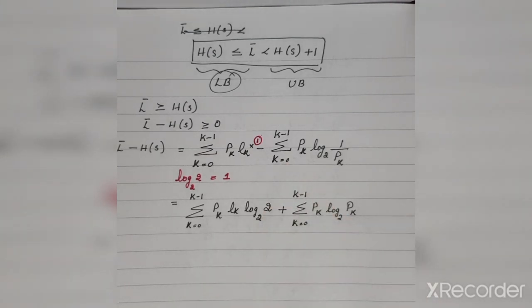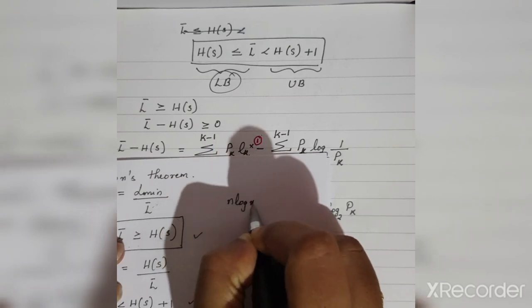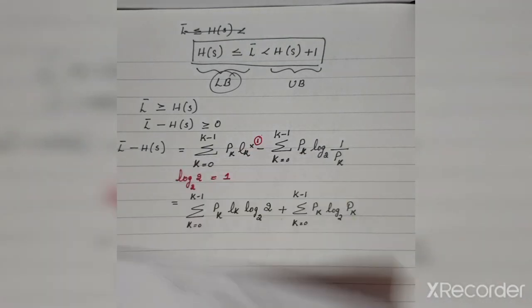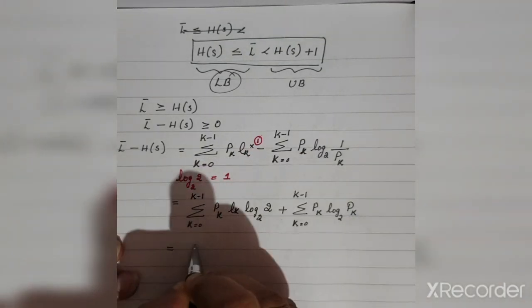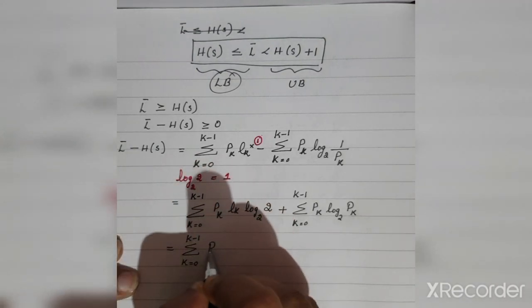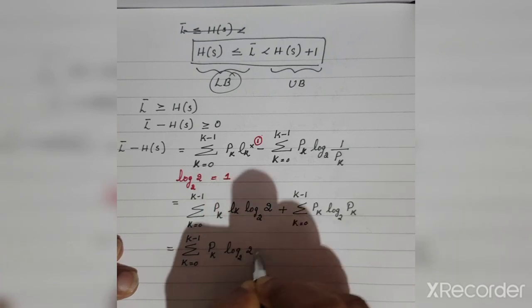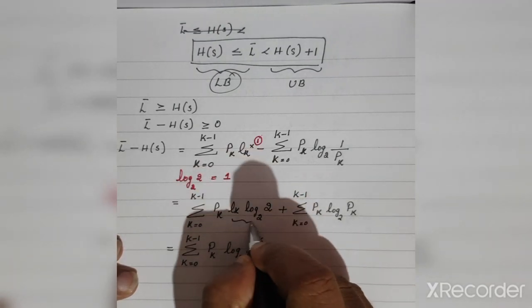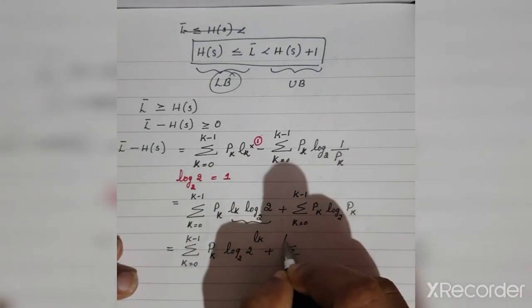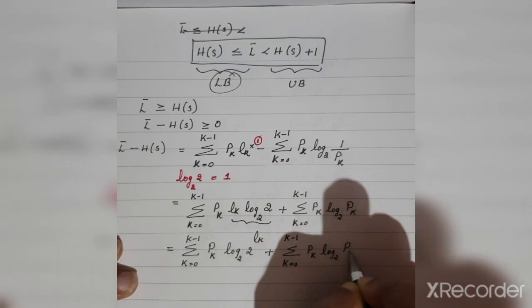Now what is n log x? It is log x raised to n. So again I am modifying this term as summation k equal to 0 to K minus 1 of pk log 2 to the base 2 raised to lk, because this term I have taken together, plus this term, k equal to 0 to K minus 1 of pk log to the base 2 of pk.